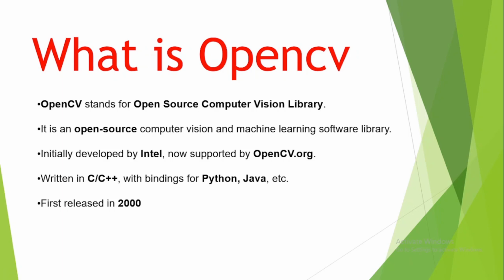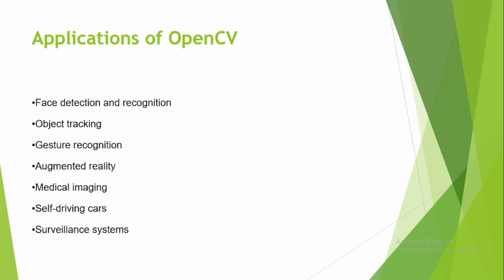Why is OpenCV used? What are the different applications of that? This is computer vision. It is used for image processing, video processing, object detection, video analysis, as well as in machine learning. So what are the different applications of OpenCV?